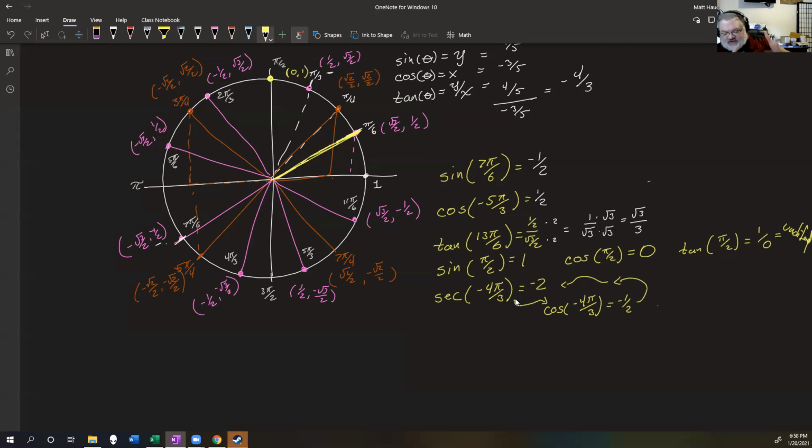So back to your question from like an hour and a half ago, what makes these standard angles standard? What makes them significant is we can find geometrically these values, and we can find them exactly.